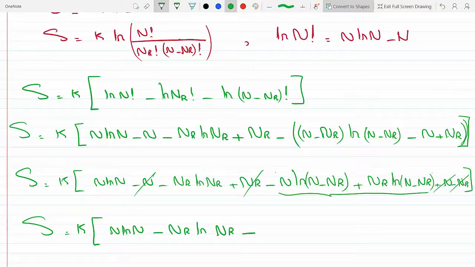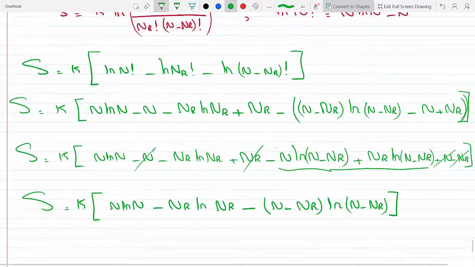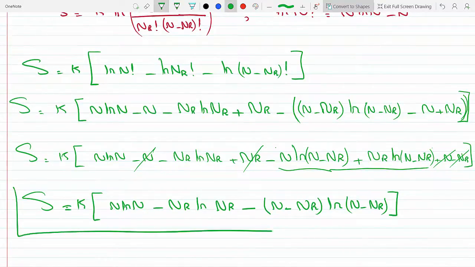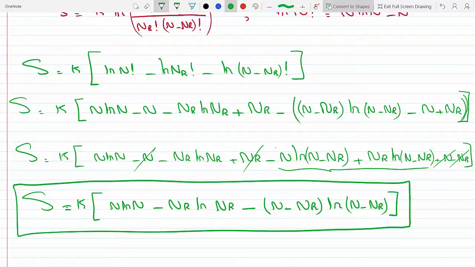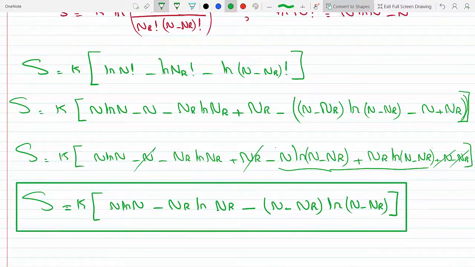So I will get minus n minus nr ln... This is the entropy. This is as far as we can go with this.